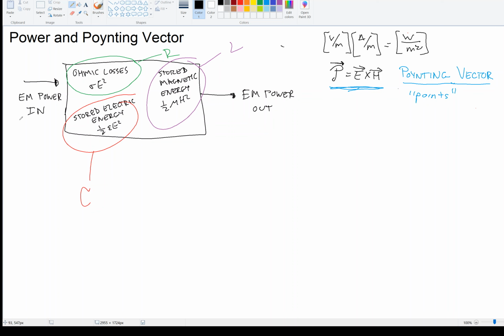So EM power comes into maybe a circuit, and some of that power is lost as heat in the resistor. Some of it's stored in the capacitor, some in the inductance of the circuit, and some can be used to do something useful, like vibrate a speaker back and forth to make acoustical energy.